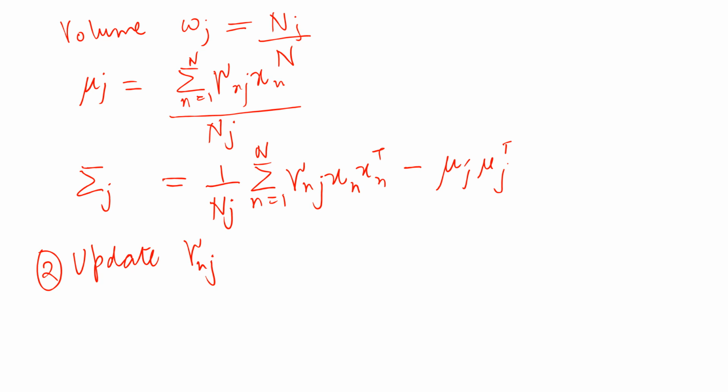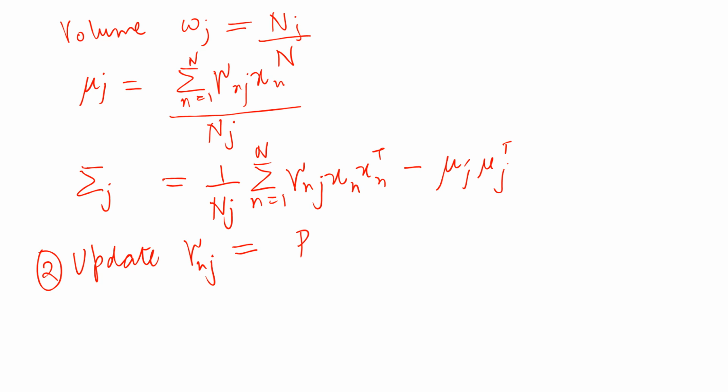It's nothing but the probability density of my x_n, the probability of which bump it came from, divided by the sum of the probability density over all the bumps. Let me actually write it down.